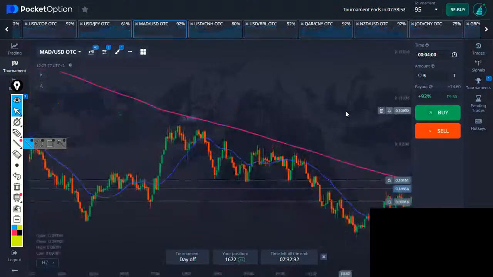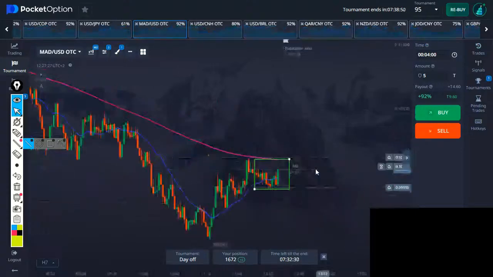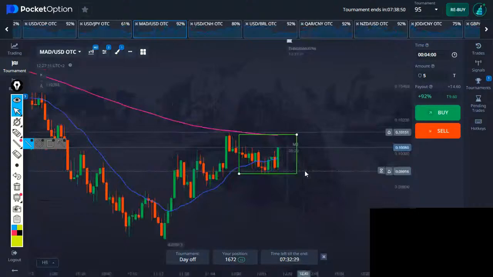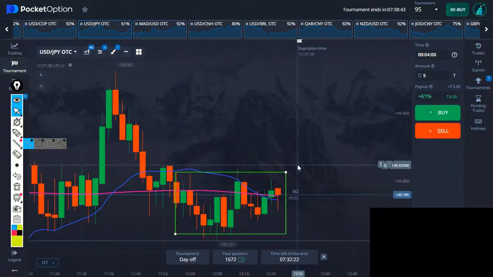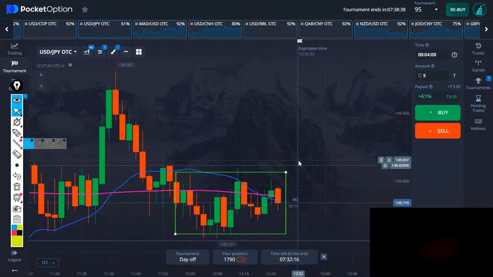This might reverse to the upside. However, we'll stick to the rules. When using the strategy, you might have to wait for some time to get a proper entry point.